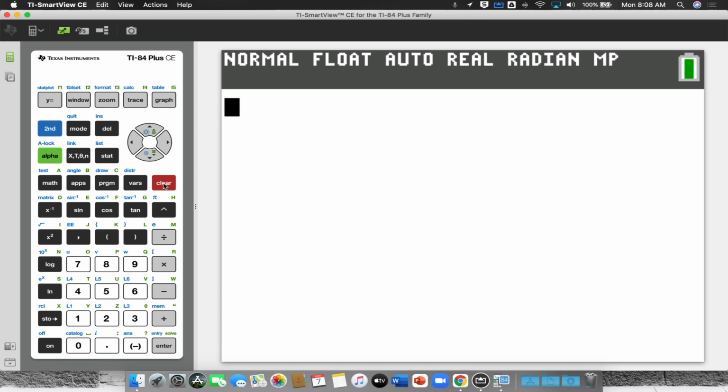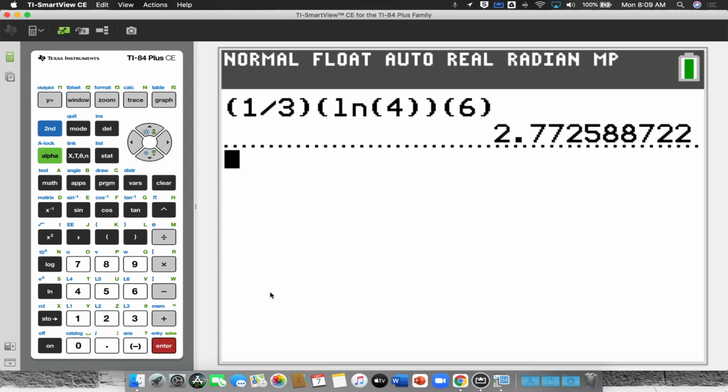I don't even want to do it that way because it's going to waste time. So 1/3, I go 1 divided by 3, and then I go parentheses, natural log of 4, close parentheses, and then I do times 6. That's my power, okay?